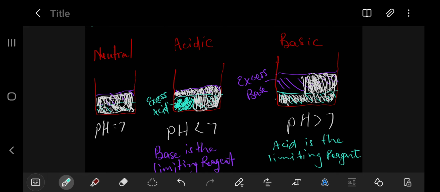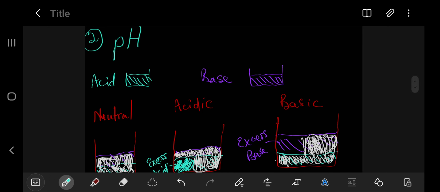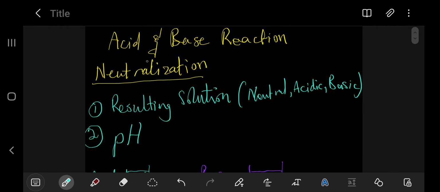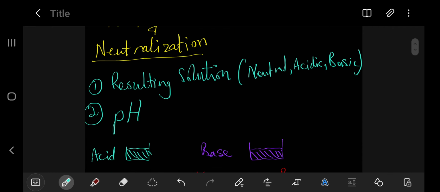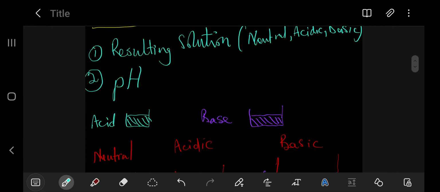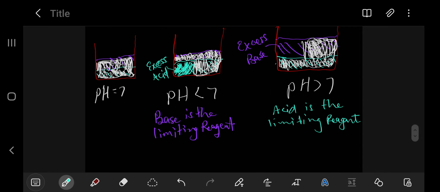But sometimes we can have a reaction whereby we have excess acid and the resulting solution is acidic, right? And then the last situation, we have an excess of the base, all the acid has reacted, and the resulting solution is basic, right? So remember, we are still doing neutralization reactions, the reaction between a base and an acid. All right, fine. So let's look at an example.